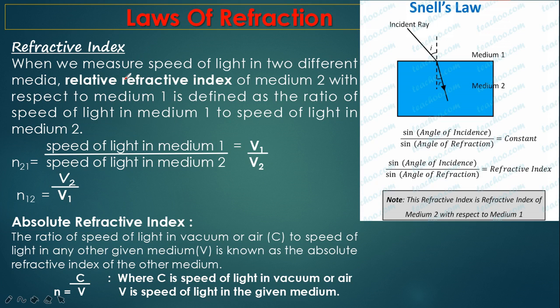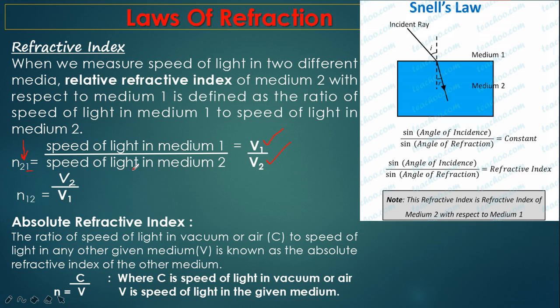The refractive index of medium 2 with respect to medium 1 is defined as the ratio of speed of light in medium 1, which is v1, to the speed of light in medium 2, which is v2.